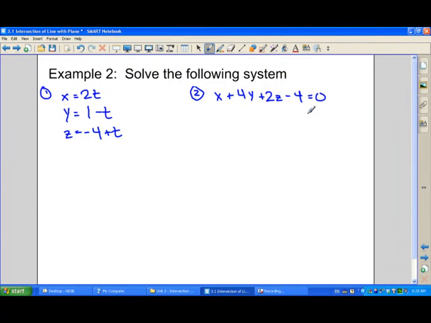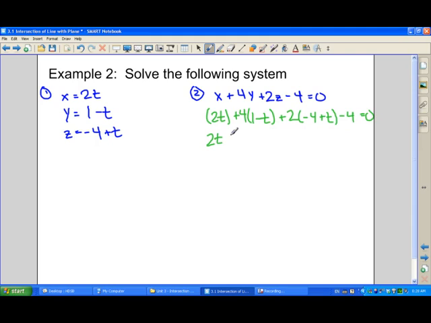Okay, another example. We have a parametric equation of a line and a Cartesian equation of a plane, and we want to see how they interact. We're going to do the same thing as in example 1. I'm going to take these three parametric equations and sub them into the Cartesian equation. So I'm going to get 2t plus 4 times (1 minus t) plus 2 times (negative 4 plus t) minus 4 equals 0.